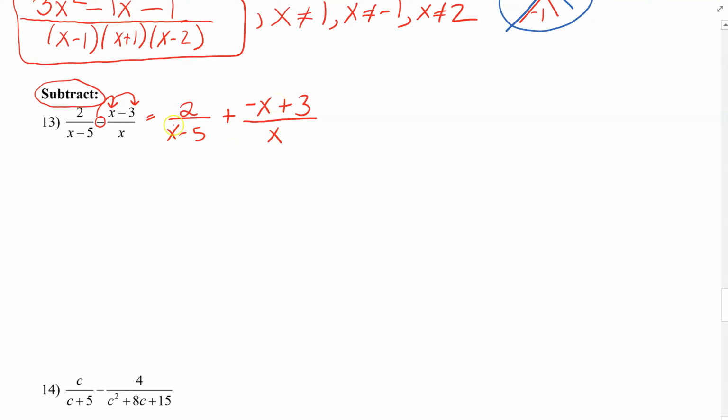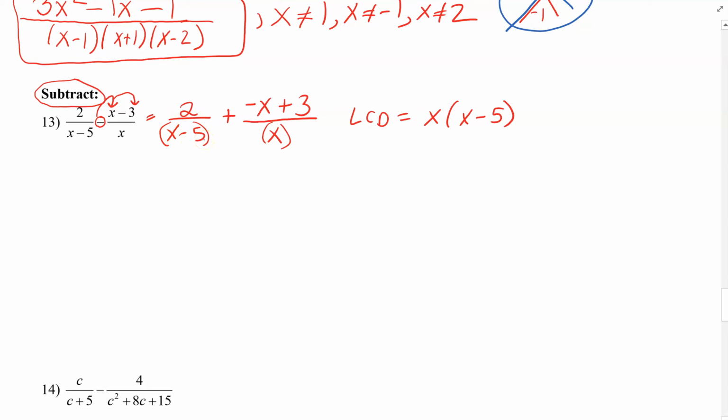And since both of these are basically in simplest form, like I can't factor x minus 5 any further or x, the LCD in this case would be to simply multiply each of these unique factors together because they don't have any common factors. And you might be wondering, isn't x a factor of x minus 5?